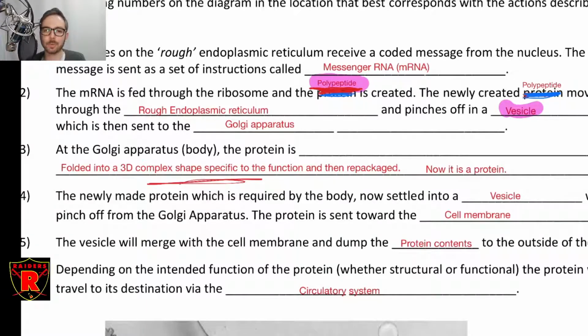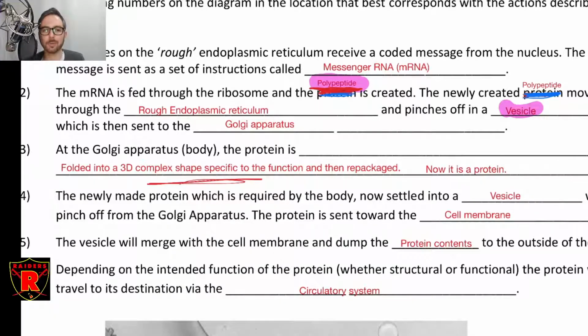Okay, so sometimes that requires some modification by the Golgi or the ER. Those things do some additional folding. Often, sometimes they even snip out pieces of the polypeptide to make the final protein. Once it's done all of those final modifications, then it is called a protein.